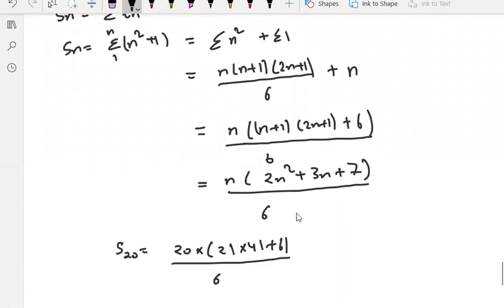So it's just simple calculation, right? 20 into, this is 68 divided by 6. I don't think that will be divided. Wait, is there some error?